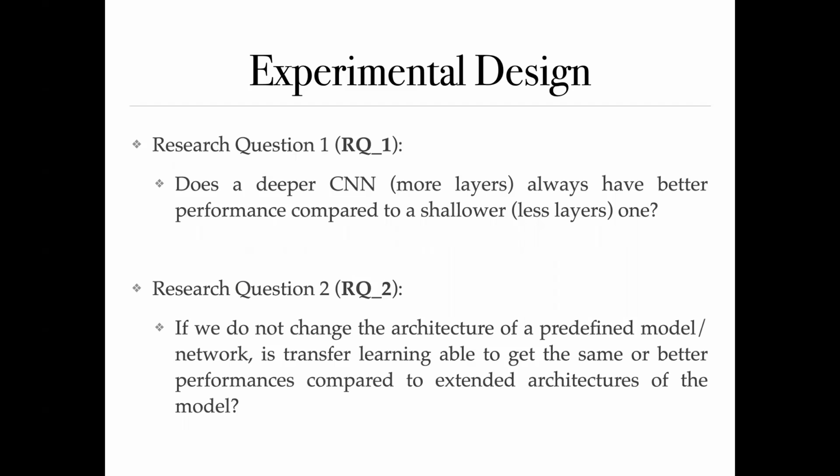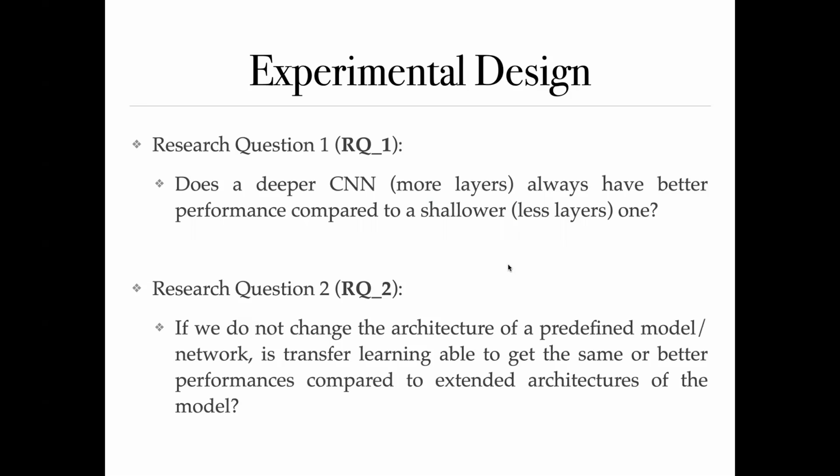The second question is: if we do not change the architecture of a predefined network model, is transfer learning able to get the same or better performance compared to extended architectures of the model? Because this is another thing that we see a lot when reading about deep neural networks, deep learning.